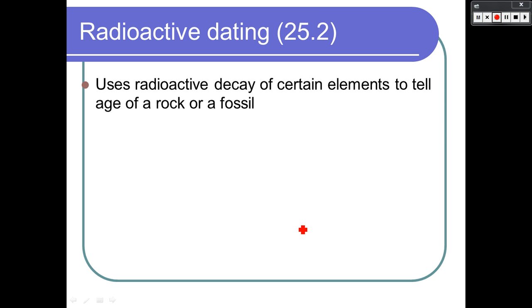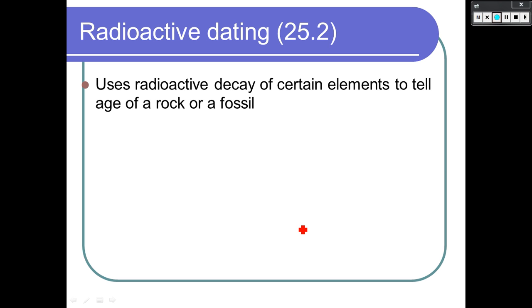So what radioactive dating does is it uses radioactive decay of certain elements to tell the age of a rock or a fossil. A fossil being something that was once living, so in that case they're tracing carbon-14. A rock, generally they're tracing natural uranium that's in the Earth's crust. That's where we get our uranium.